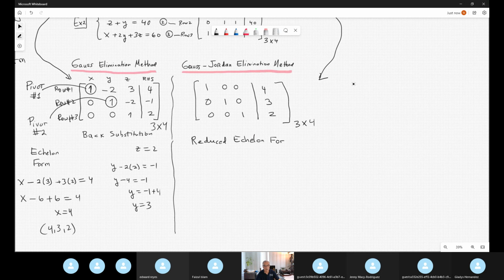And the acronym we are using in some graphic calculators for this method is REF. And this is RREF. But in GeoGebra, que es the software that we are using now, it's called different.